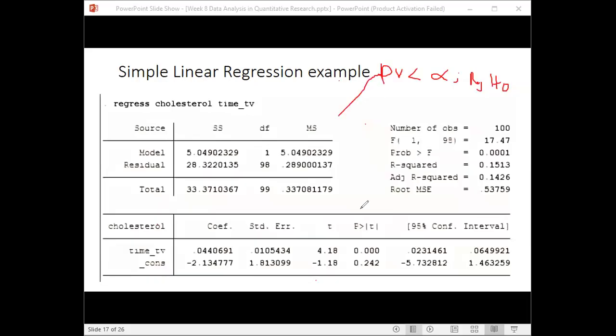Now, when we come to regression table analysis, this is your p-value. I hope you see it. It's P greater than t, right?